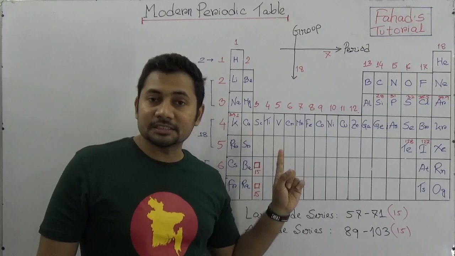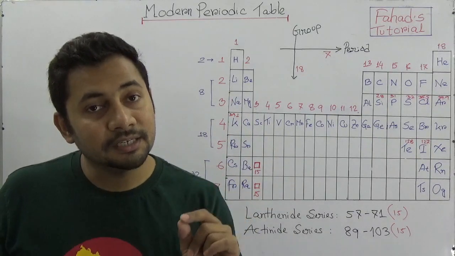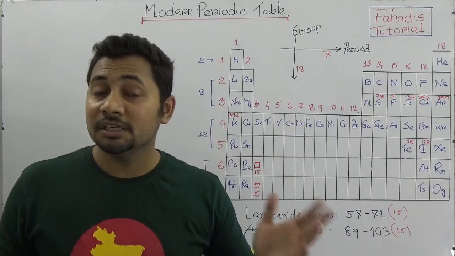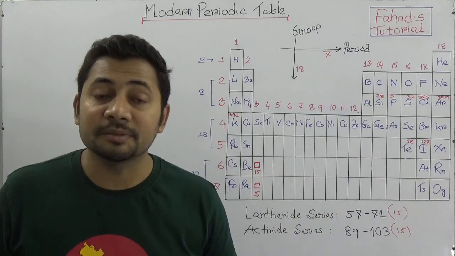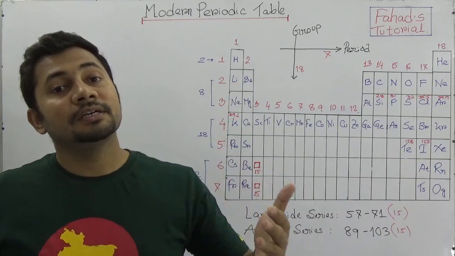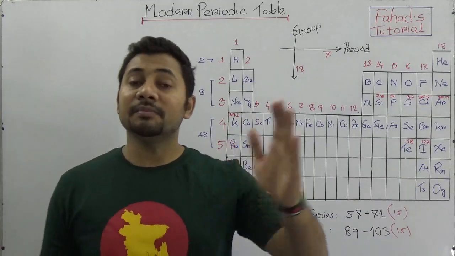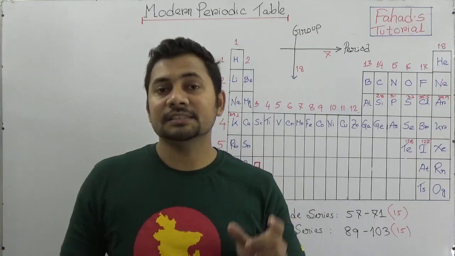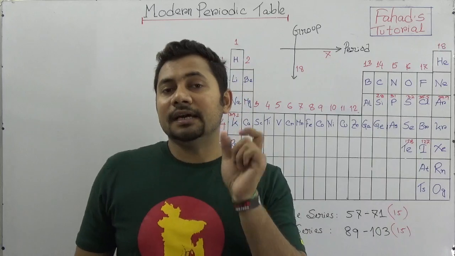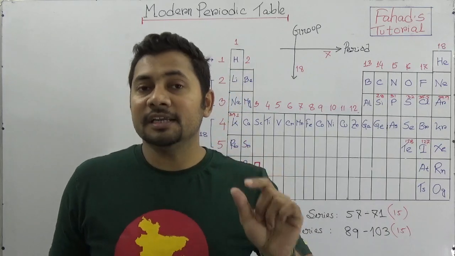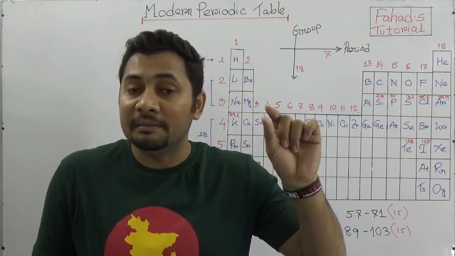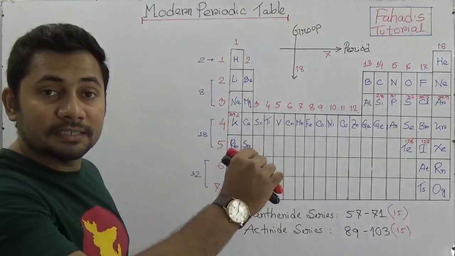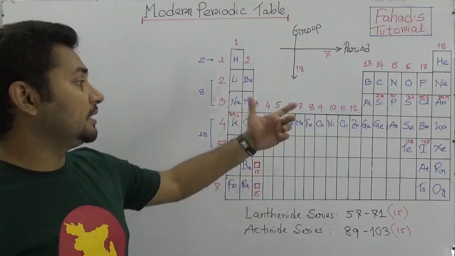To understand this topic, I hope that you already know the electron configurations. You know about the orbit, you know about the s, p, d, f orbitals, and of course you know about the electron configurations, because in my previous class that I uploaded about electron configurations, I said that electron configuration is one of the important basics of chemistry, to know how to write the electron configuration of an element.